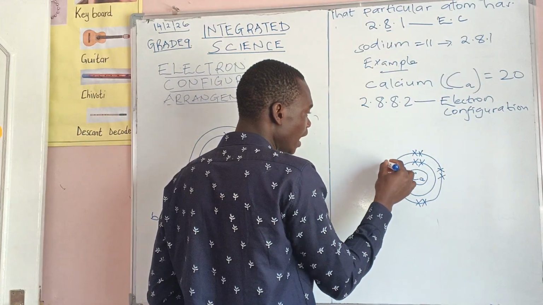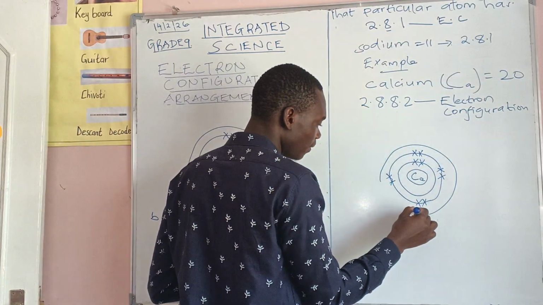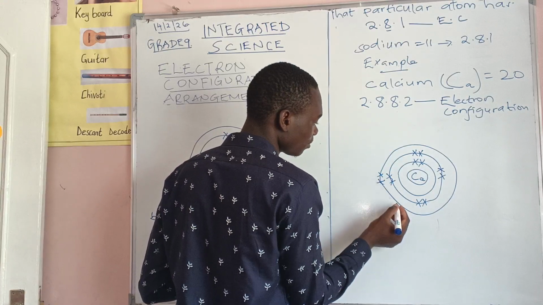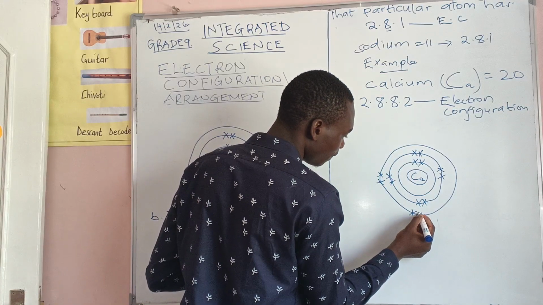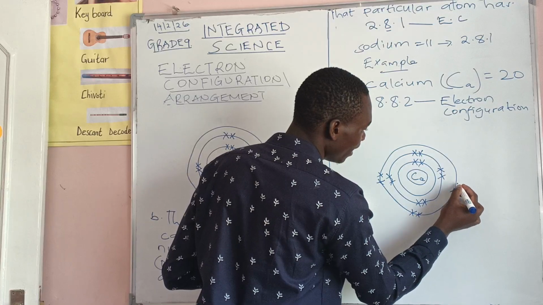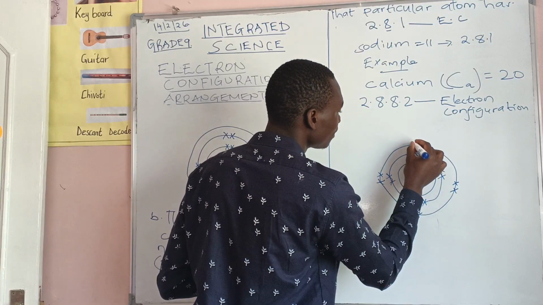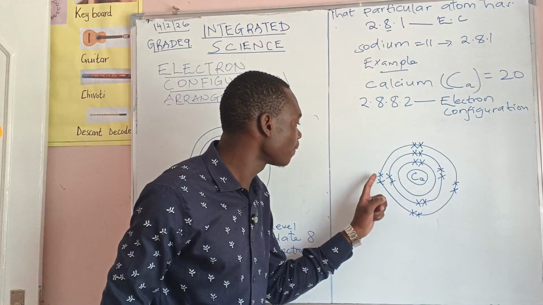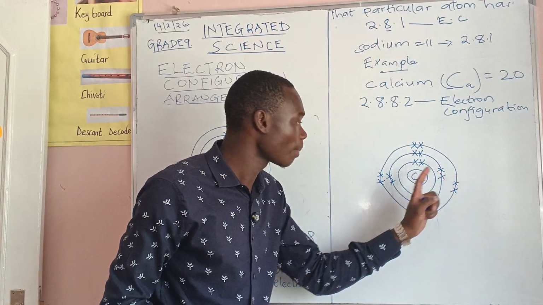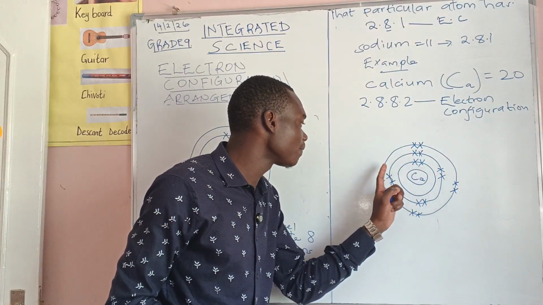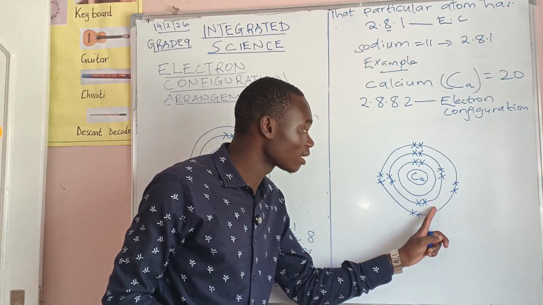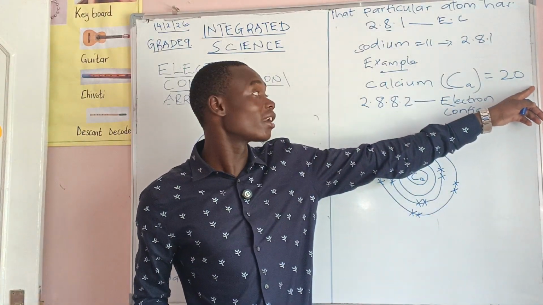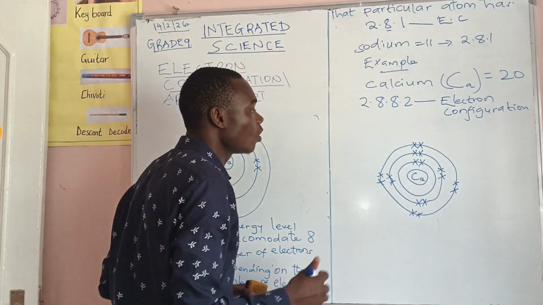So we go to the third energy level with 8. 1, 2, 3, 4, 5, 6, 7, 8. Counting all, that is 18. We are not at 20, so what are we doing?